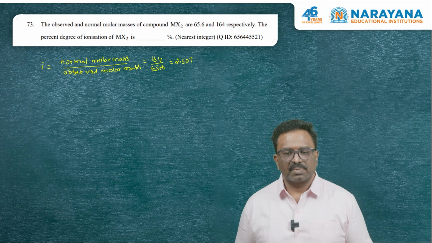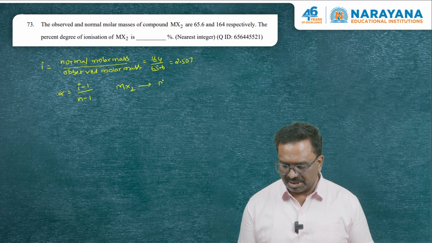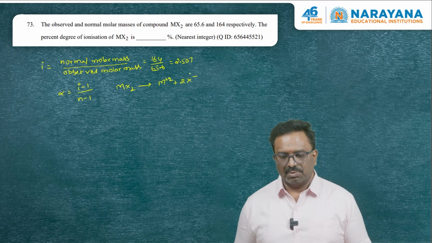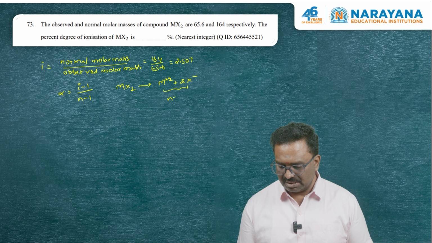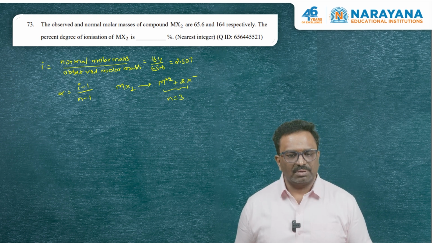This value is 2.507, the i value. Degree of dissociation alpha is equal to i minus 1 by n minus 1. The given is MX2, which dissociated like this. What is the n value here? 3 ions are obtained from one molecule.